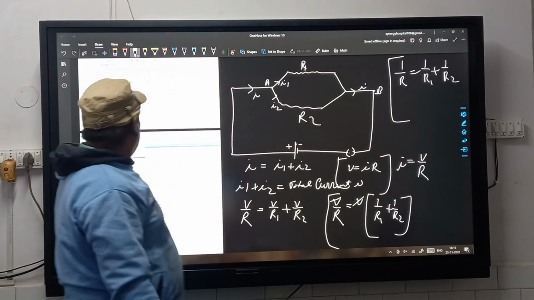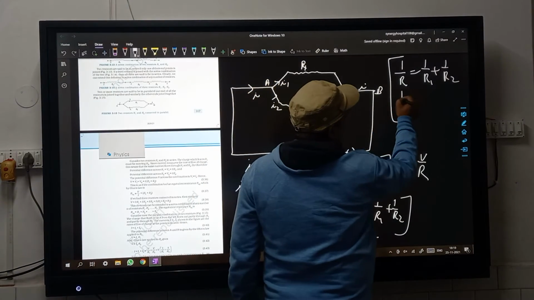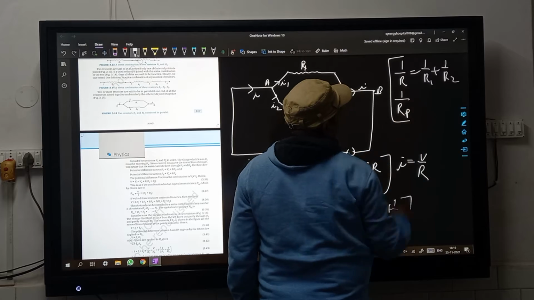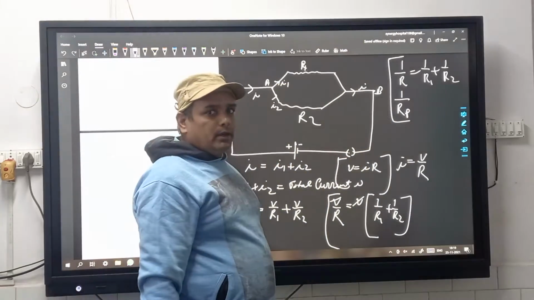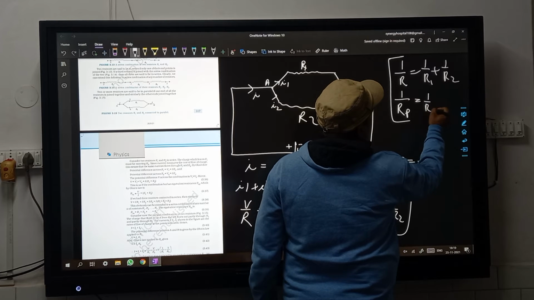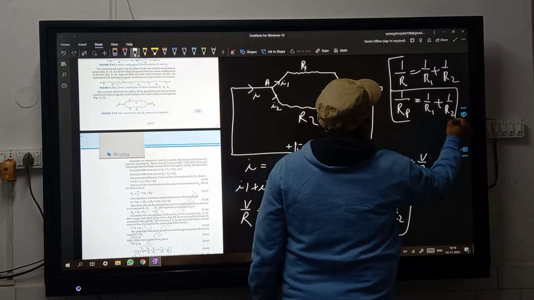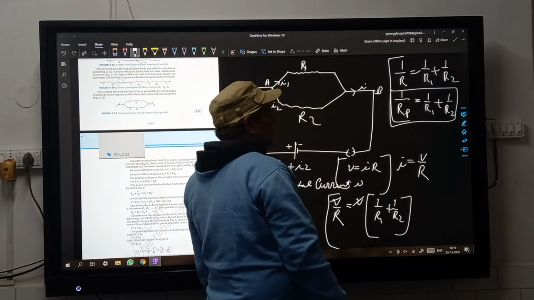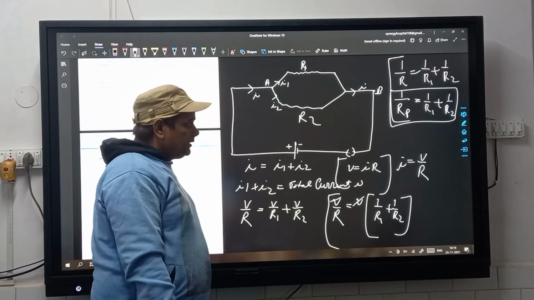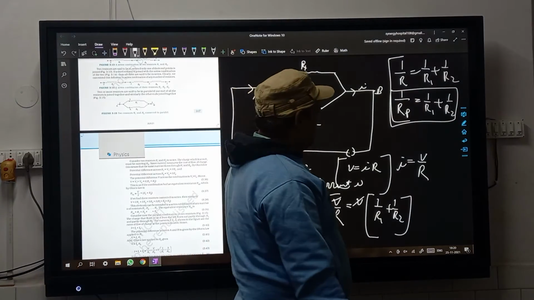Because this is parallel order, the lower subscript is P, and it stands for resistances connected in parallel. So 1 upon Rp is equal to 1 upon R1 plus 1 upon R2.